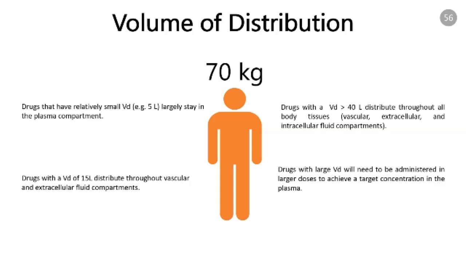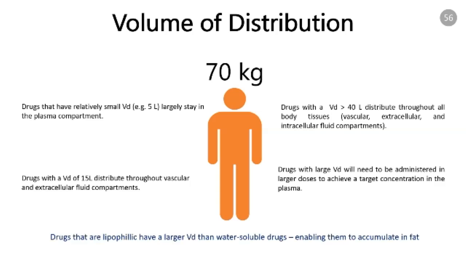Remember, the drug has to be moving in order to go to its target site in order to effect a therapeutic response. So persons who tend to be larger in terms of fat content will tend to have a higher VD for certain drugs that are extensively distributed.